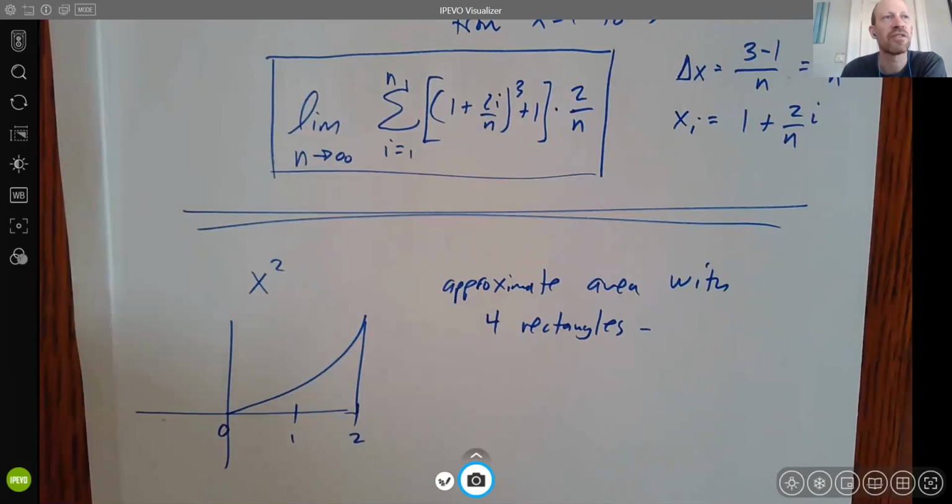And then they'll tell you typically that you should use right endpoints or left endpoints. Not too many of those.